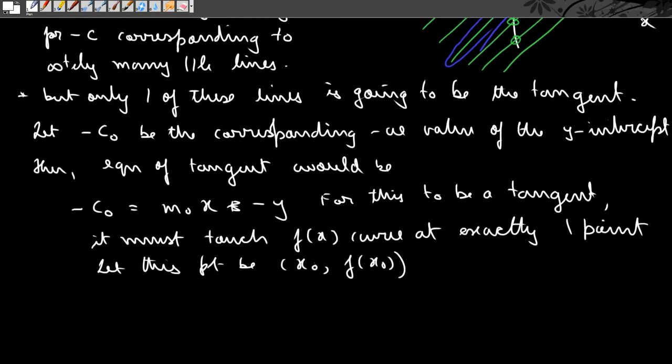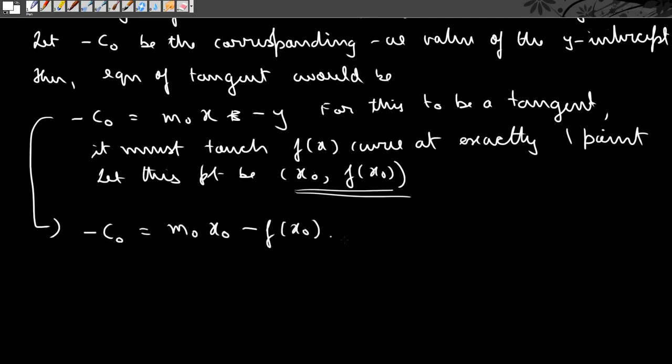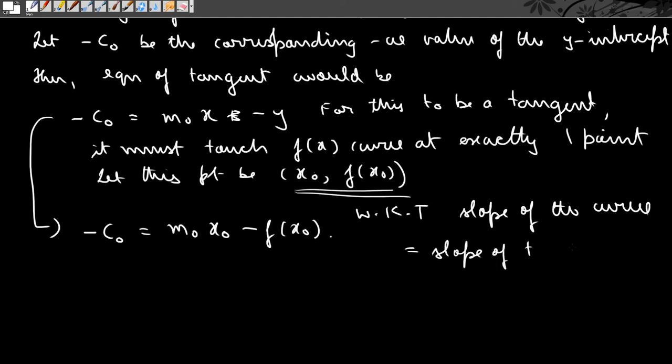Okay, then since this line should contain this point, the following equation must be valid. Okay, and apart from this, we know that slope of the curve equal to slope of tangent at point of contact.